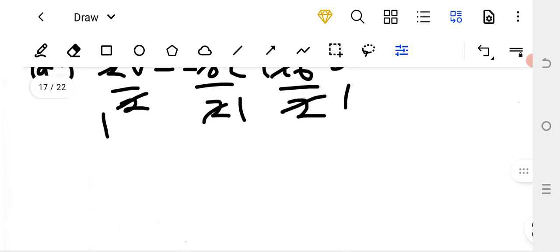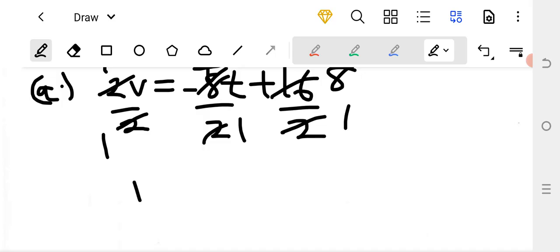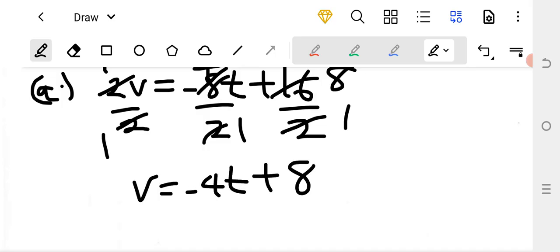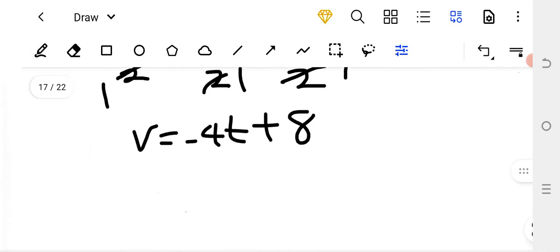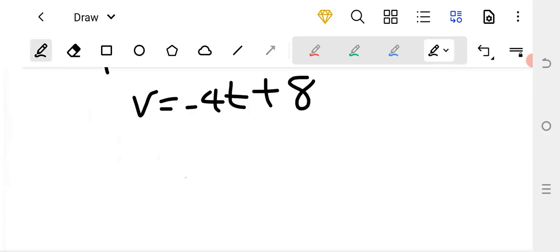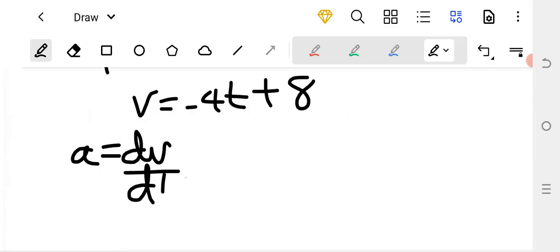So you are going to have v is equal to negative 4t plus 8. Then your acceleration is equal to dv/dt, which is equal to negative 4.